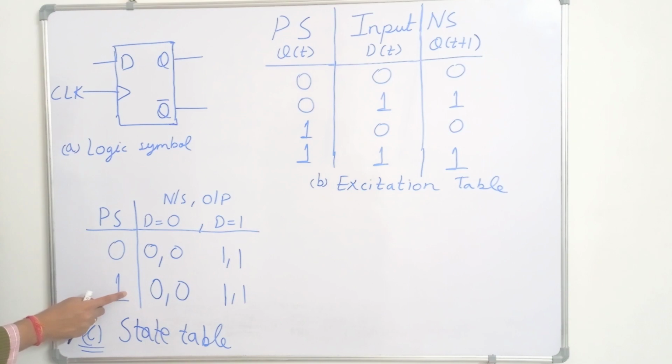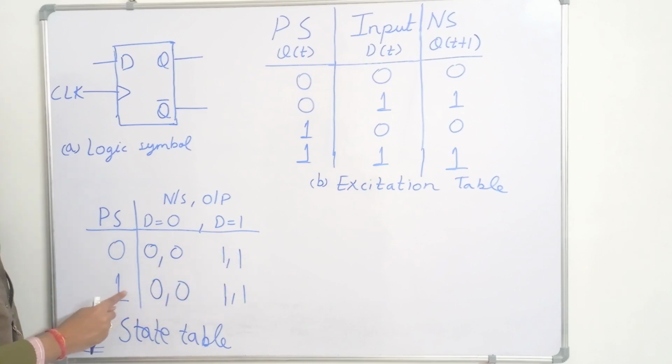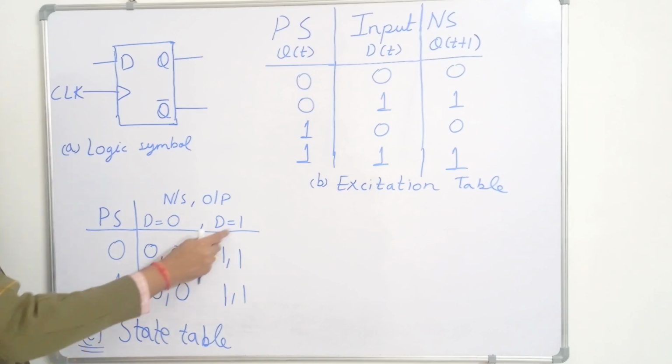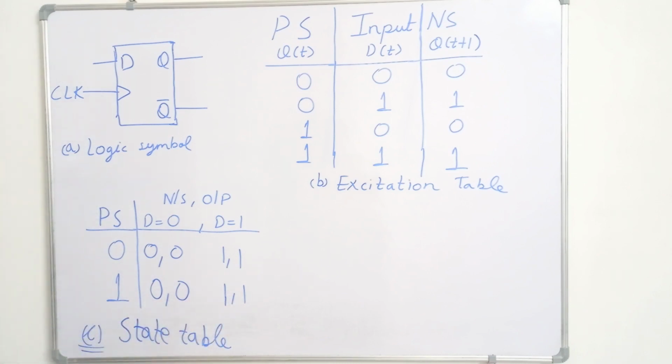If present state is 1 and d equal to 0, next state will be 0, output will be 0. If present state is 0, D is 1, next state will be 1, output will be 1. If present state is 1, D is 1, next state will be 1, output will be 1. So this is the state table format for a Mealy machine.